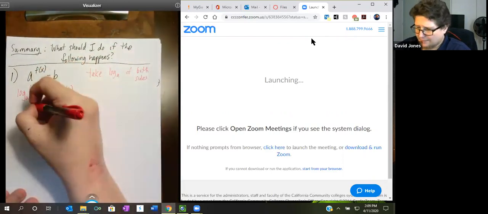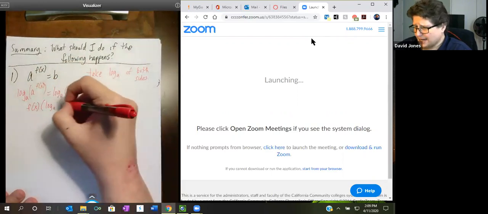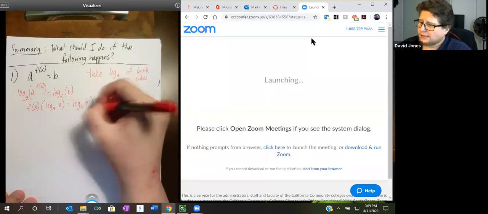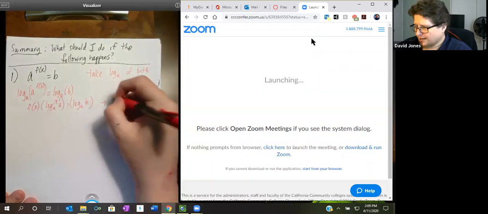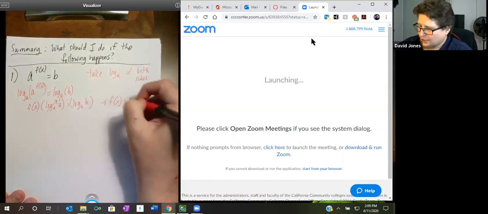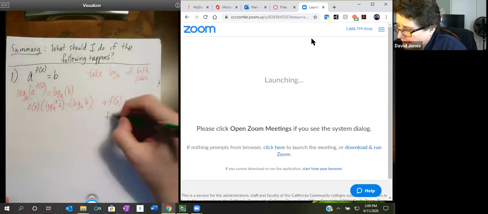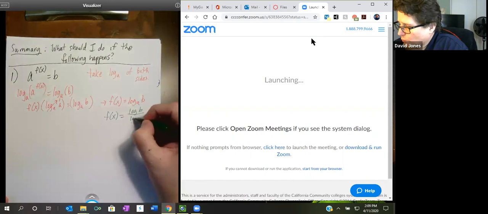The f of x comes down, and log base a of a is 1. So we get f of x equals log base a of b. The x is no longer in the exponent, and that's what we wanted. And recall, using the change of base, I could treat this as log b over log a.